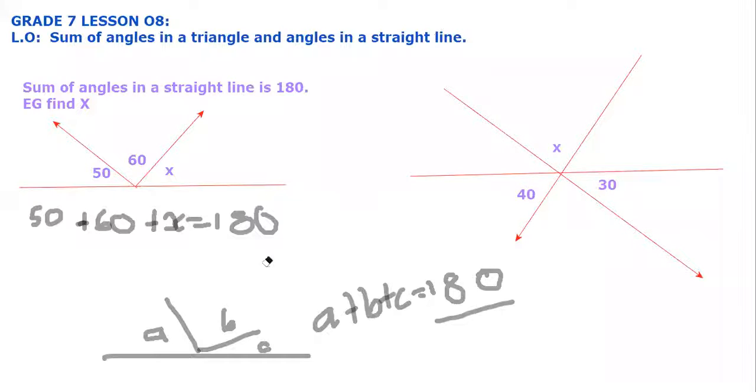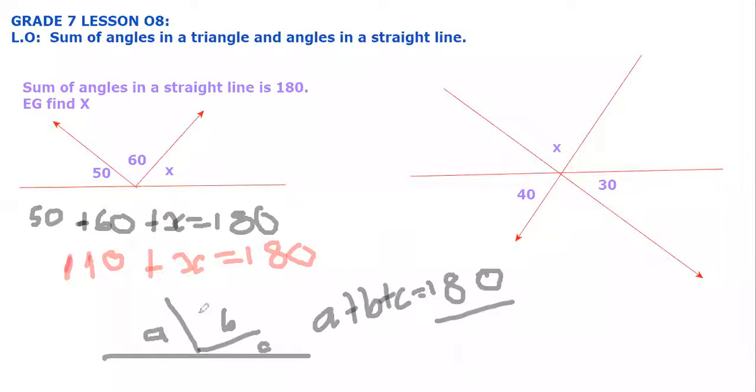This is a normal algebra question. What I do is very simple: 60 plus 50 is 110, plus X is equal to 180. So 110 plus X is equal to 180.